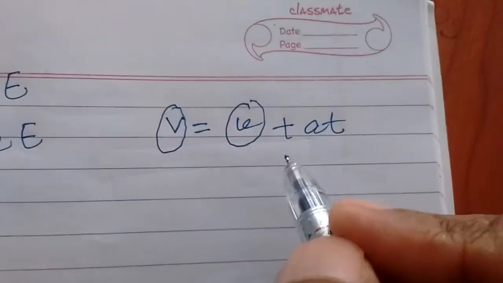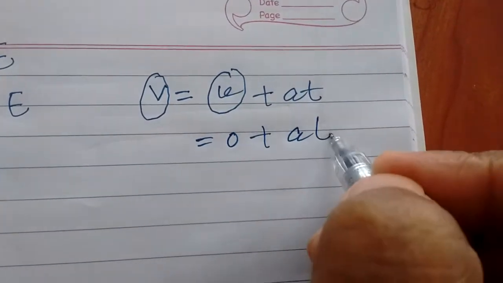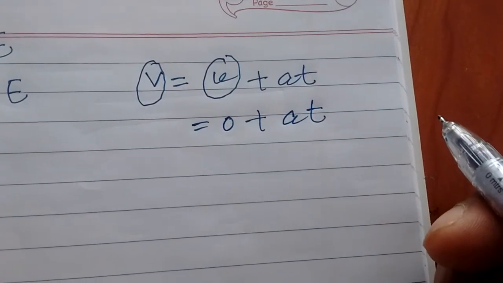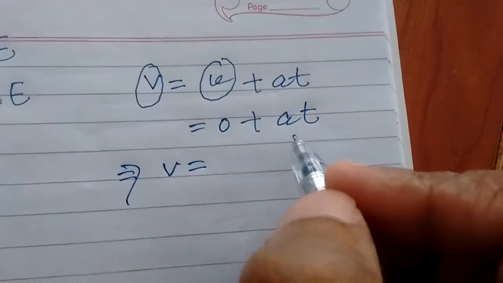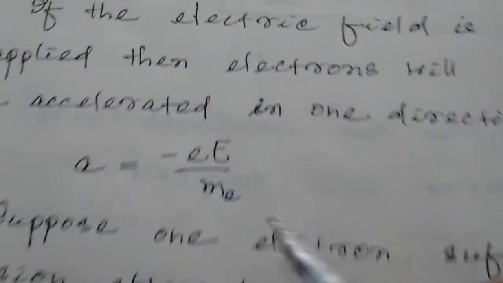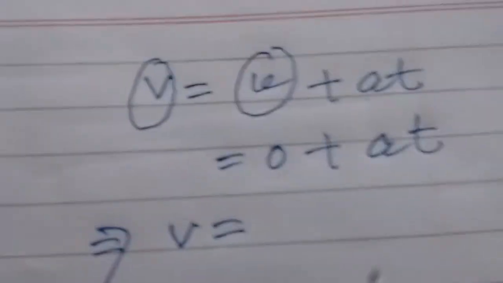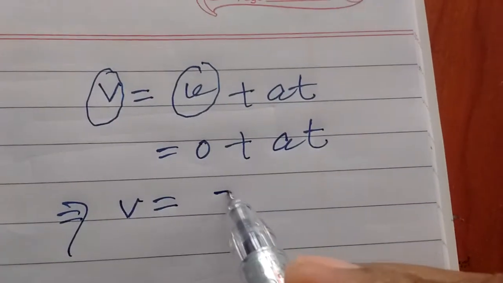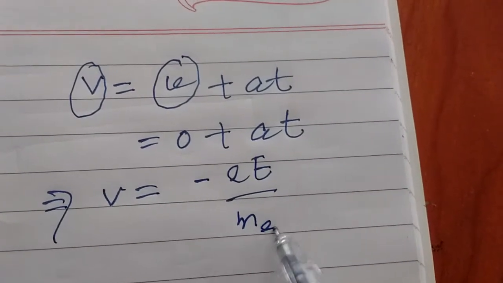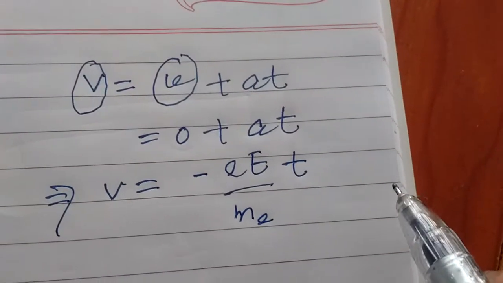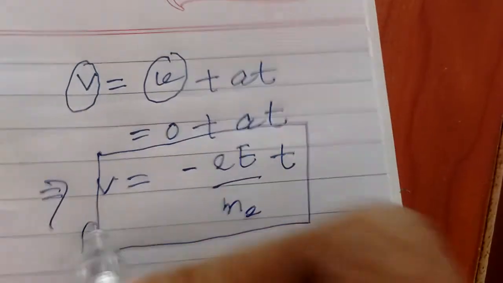That's why u is equal to 0, and v is equal to at. Now acceleration a is minus eE by m, so v equals minus eE by m into t. This is the velocity after electric field E is applied.